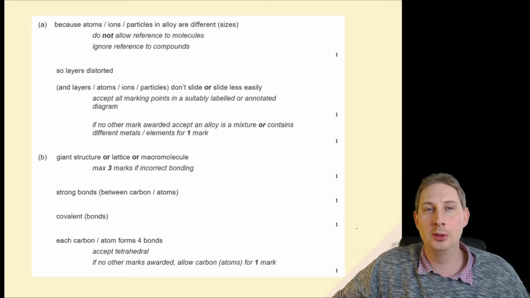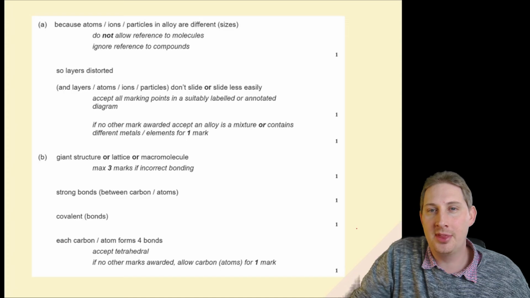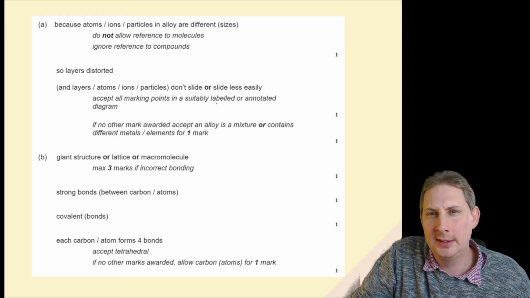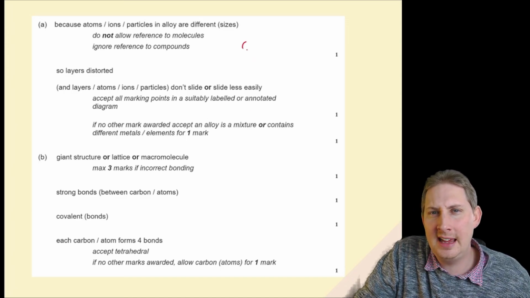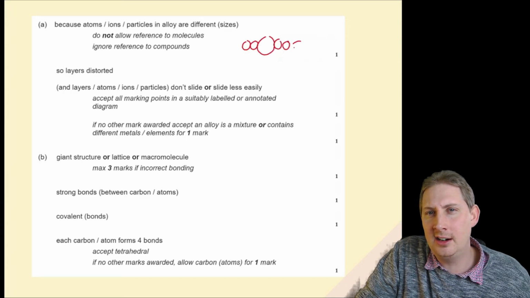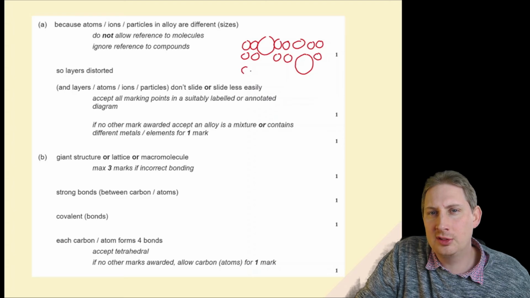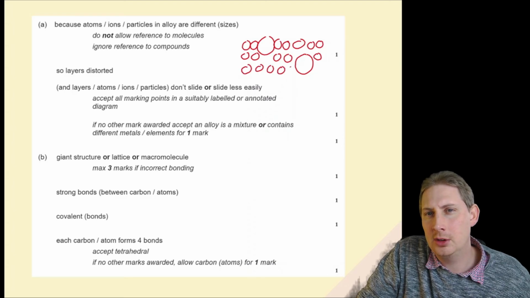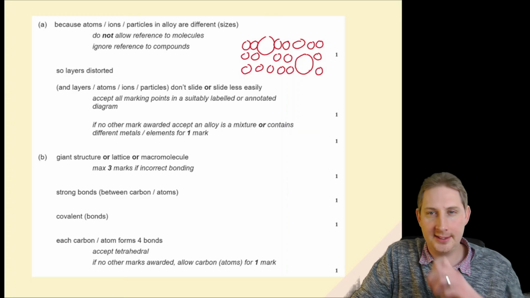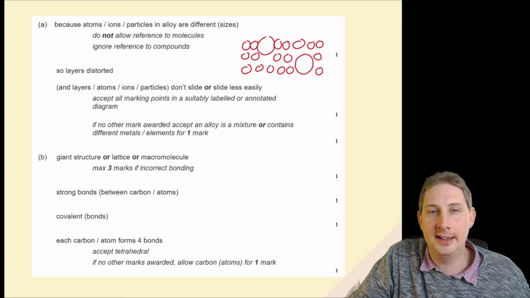Right, so why are alloys harder than pure metals? So you've got the idea here of an alloy being a slightly larger atom that disrupts the structure of the metal and doesn't let the layers slide.